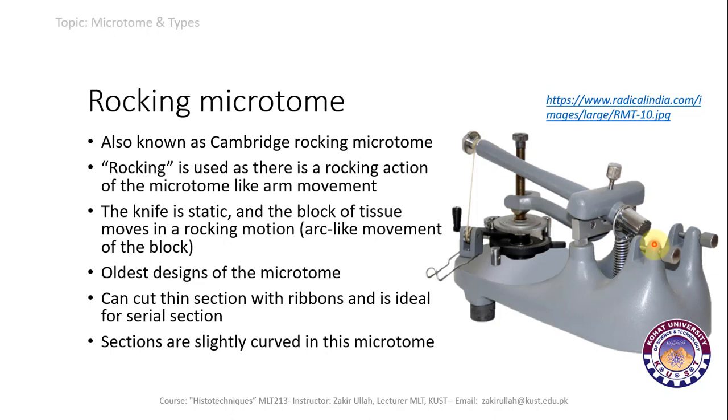This microtome produces a slightly curved section because of the rocking movement of the arm, and it is nowadays very rarely used in labs. It may be used for certain research purposes or in very old labs.